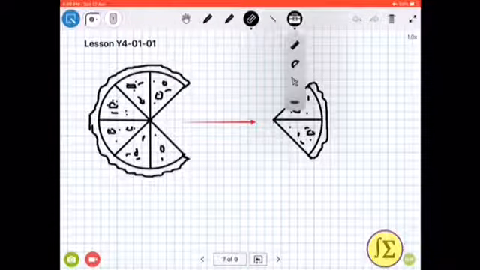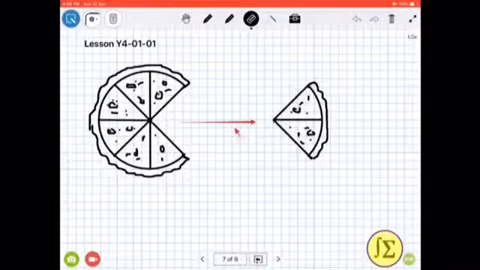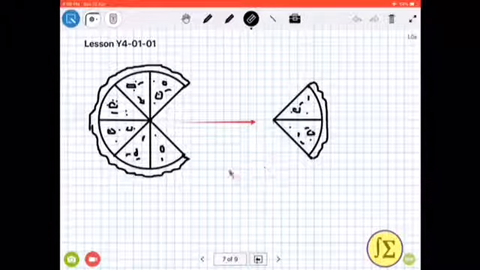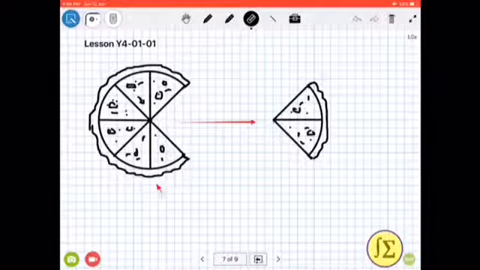You can see that this is a fraction of the pizza. You have taken out 2 pieces, and these 2 pieces are a fraction of the whole pizza. But let us also look at the remainder. It's no longer a whole pizza. So this is also a fraction of the pizza.